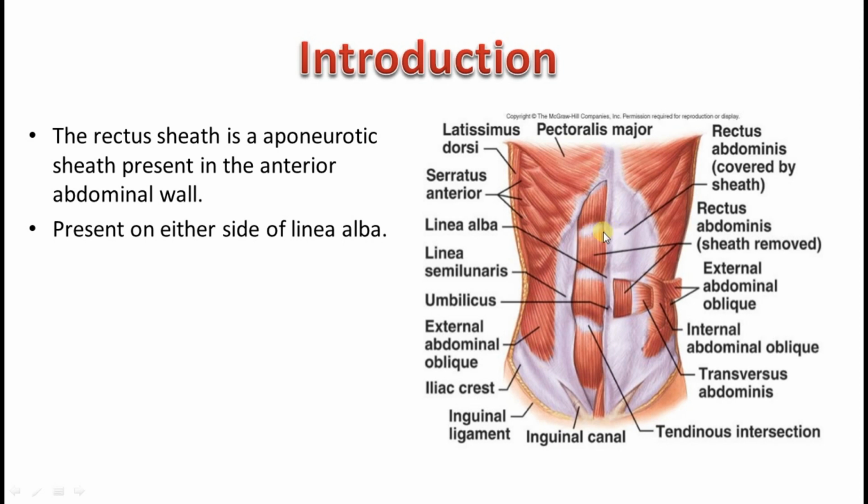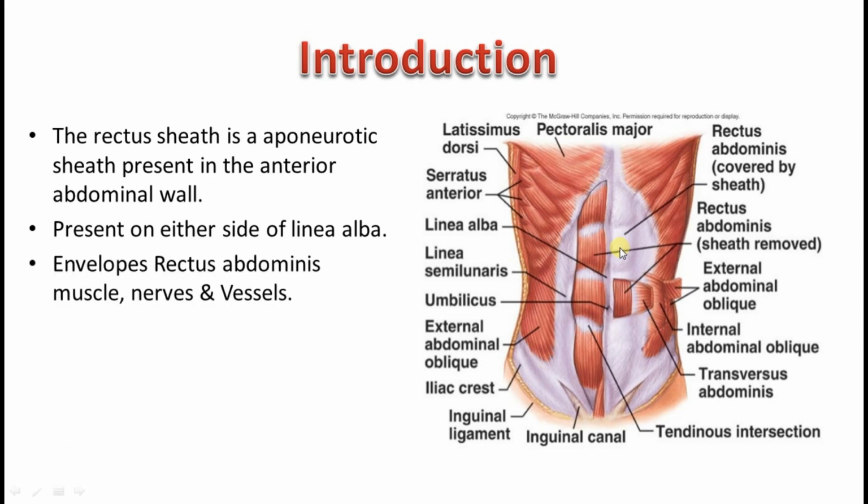So naturally they are individually covered by their own rectus sheath. As I told you, it envelops the rectus abdominis muscle, and one more small muscle you are able to see here, that is the pyramidalis muscle, and along with it inside the rectus sheath you have some vessels and the nerves.